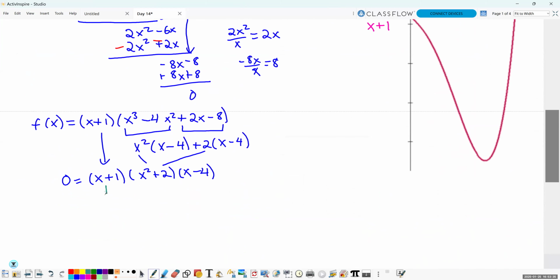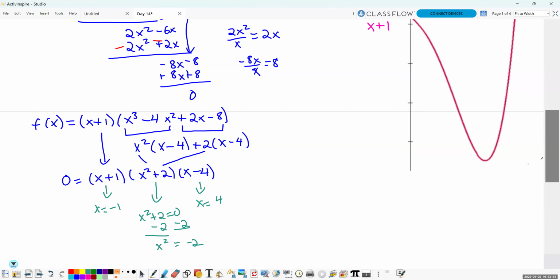Well, sure enough, there are the two zeros I saw from the graph. -1, no surprise about the 4. But now I've got x squared plus 2 equals 0. Let's subtract 2 from both sides. X squared equals -2.